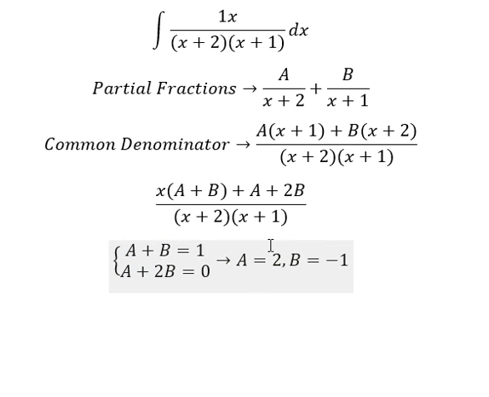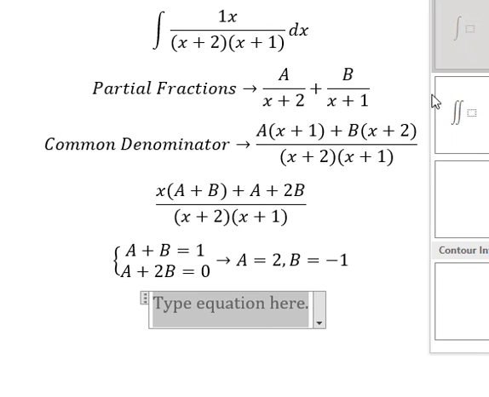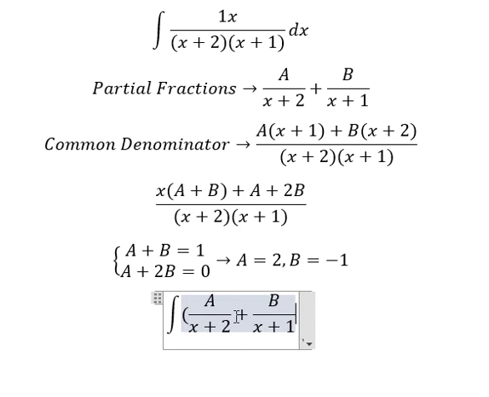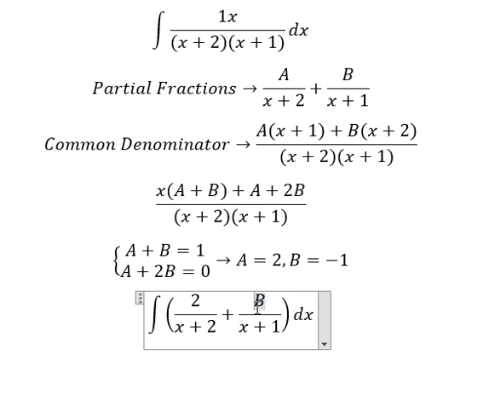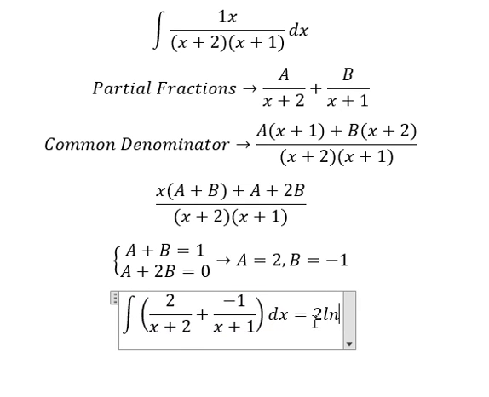So we put A and B in here. And now we have the final answer. So A is number 2, B is negative number 1.